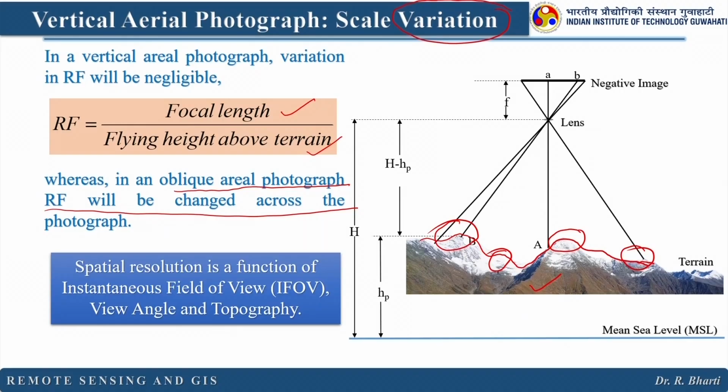Spatial resolution is a function of IFOV, view angle and topography. This gives you a hint of how to estimate the scale, because every time you are going to calculate the photo distance, it depends on the elevation of the ground at that particular position and the spatial resolution acquired by your sensor at that location, because that changes the scale.